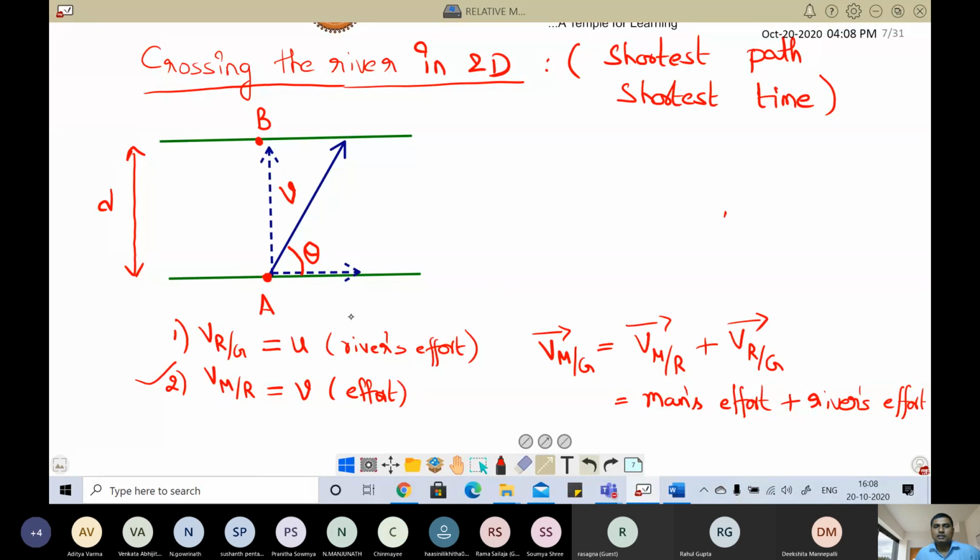The x component is v cos theta, and the y component is v sin theta.